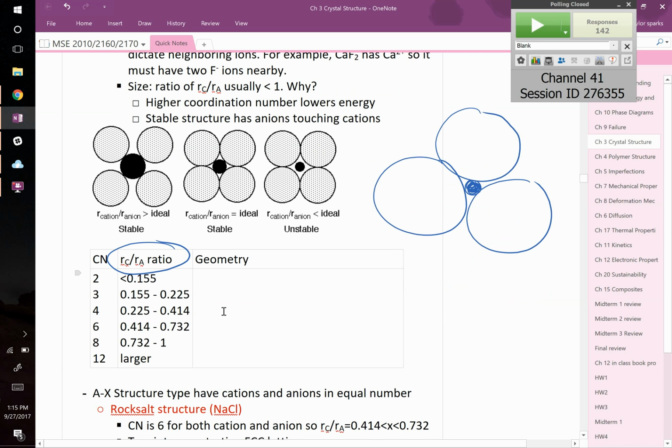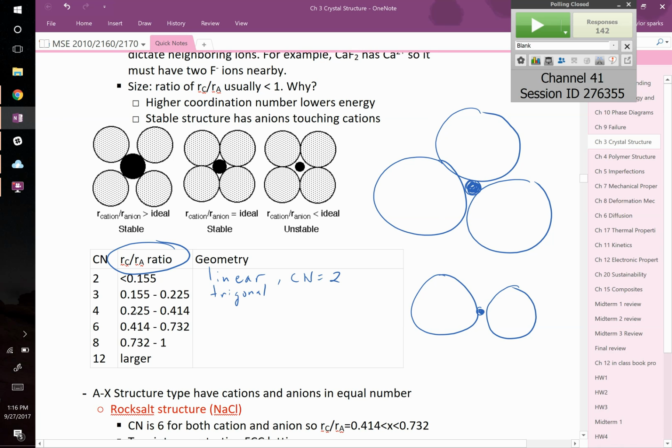So if that number is anywhere less than 0.55, this is going to be a linear geometry, meaning that the coordination number for the cation is going to be equal to 2. It can only be surrounded by 2 anions. And this might look like this. You have a huge anion, you can only put your cation right between them, okay? If it's between 0.155 and 0.225, your coordination number is going to be 3, and we call this trigonal.